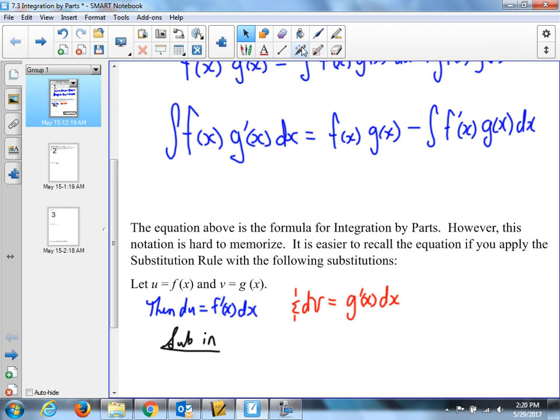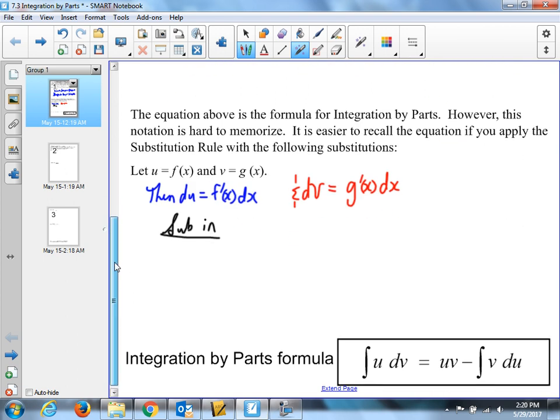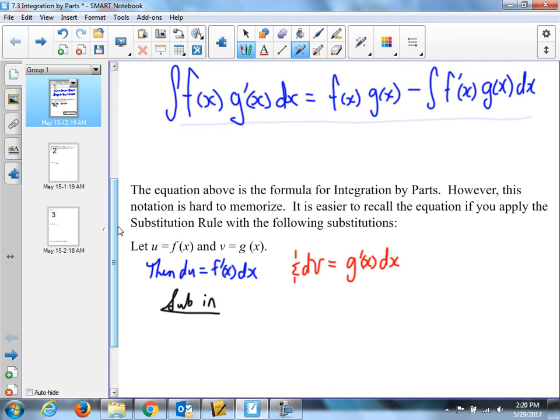Subbing it into the rule above here, f of x we replace with the letter u, g prime of x dx we replace with dv. It's just way easier to read, and you can memorize it. F and g become u and v.